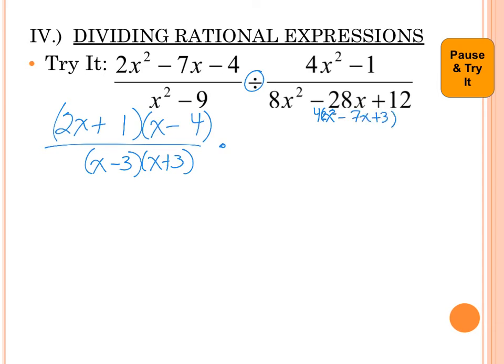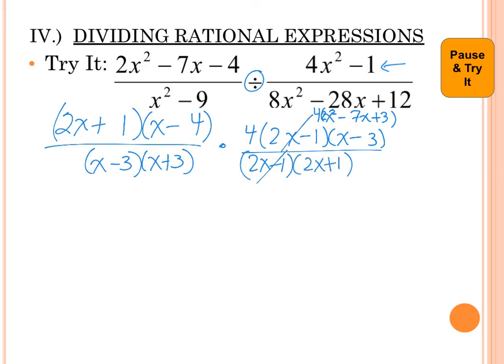And then that becomes my numerator, so I'm going to factor minus, minus. And the last one is a difference of 2 squares. Simplify. Plus, plus. I have a 4, an x minus 4, and an x minus 3 left.